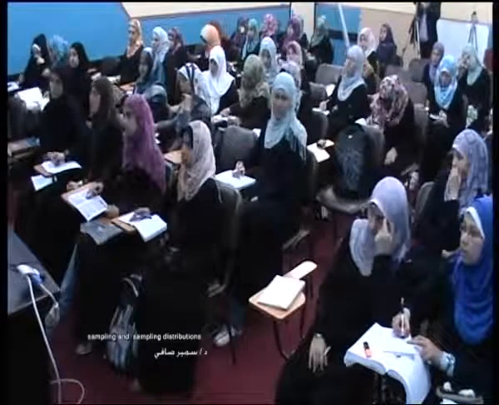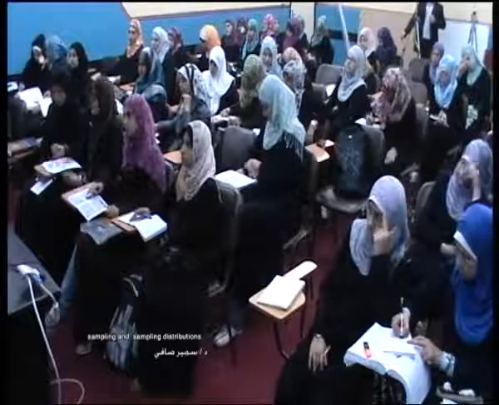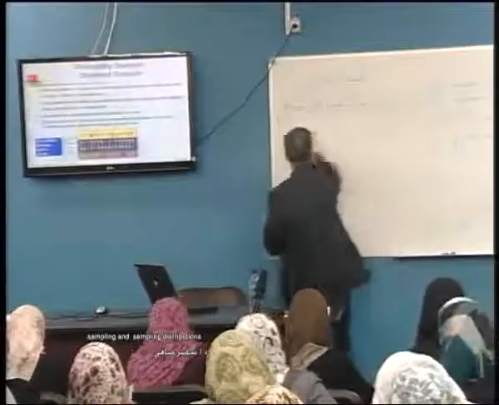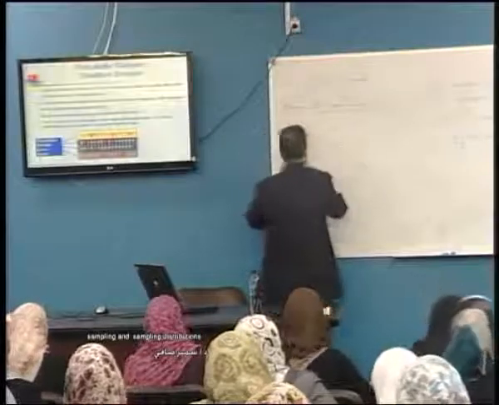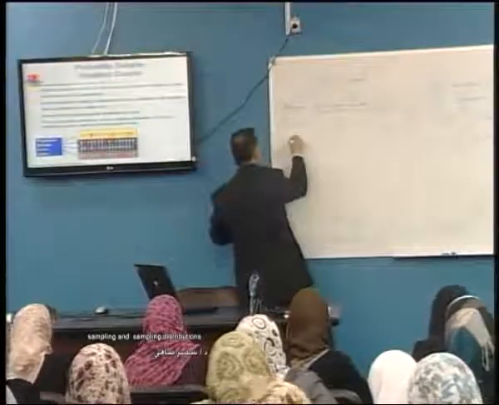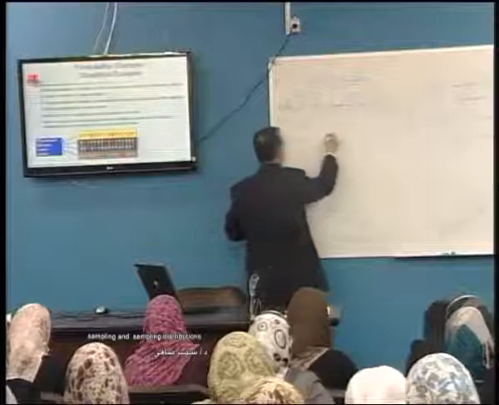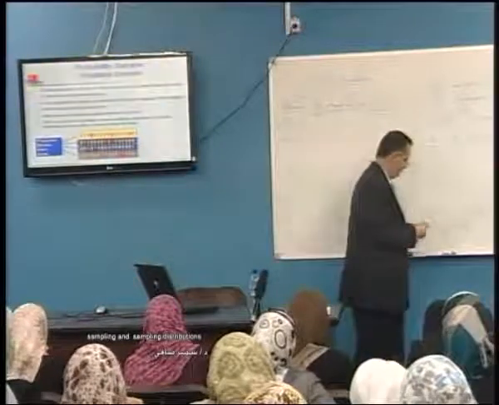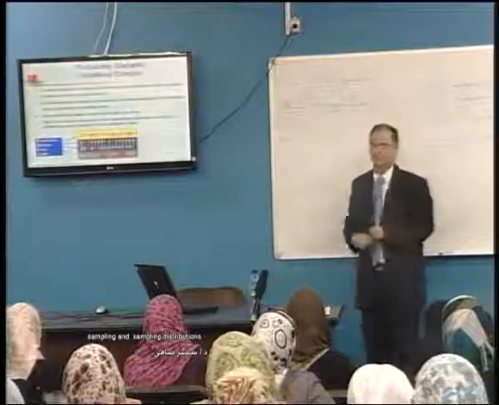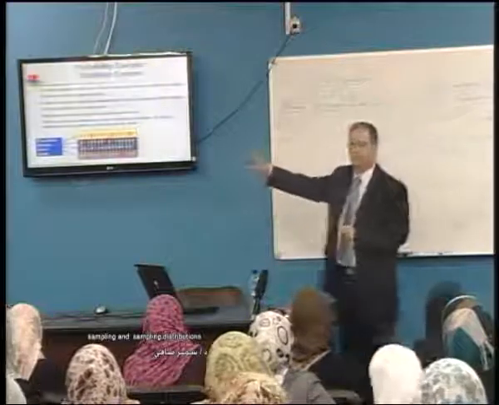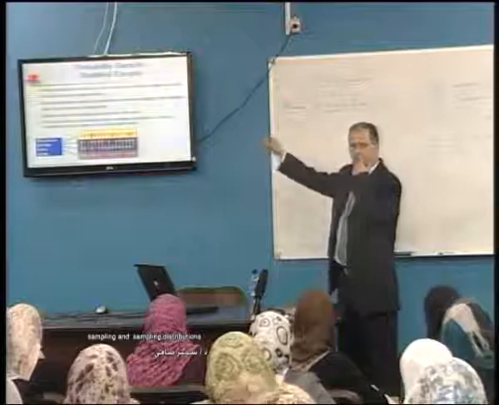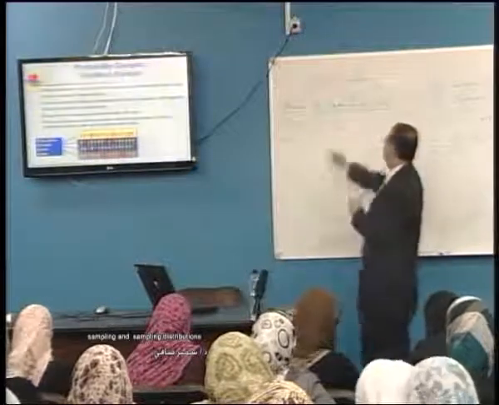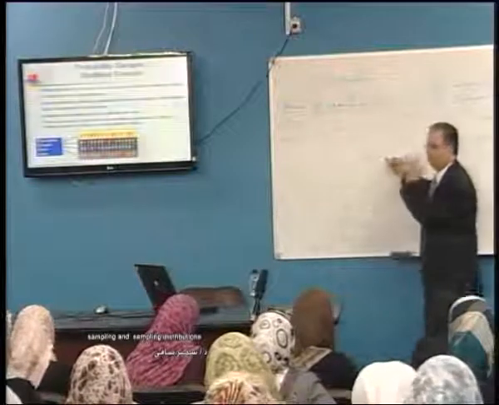Level 1, level 2, so levels 1, 2, 3, and 4. So I divide the population into 4 subgroups according to the student levels. So 1, 2, 3, and 4.